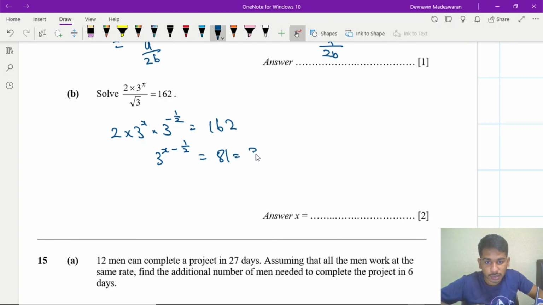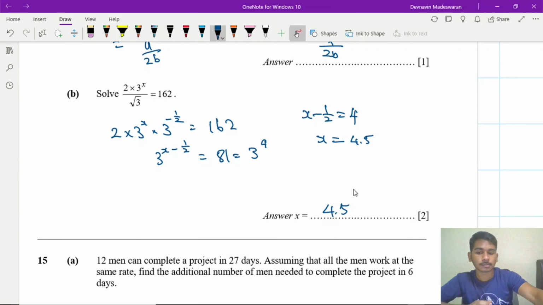So 81 is 3 to the power of something. 3 squared is 9, and 9 times 9 is 81. So 3 to the power 4. So x minus half is equal to 4. x is equal to 4.5. Cool.